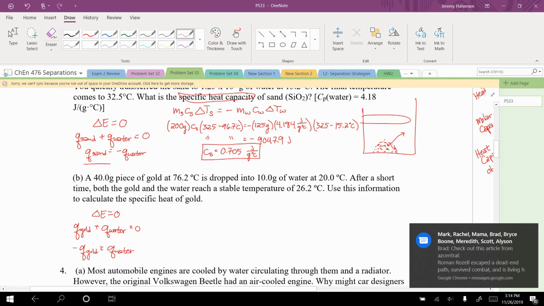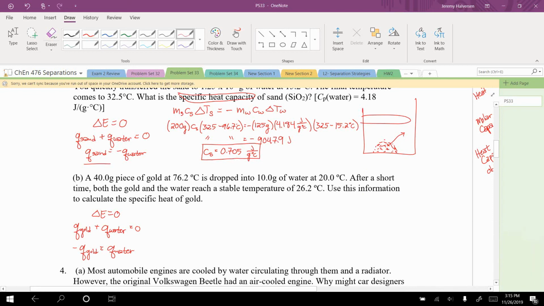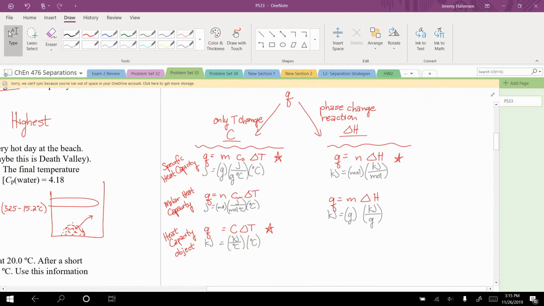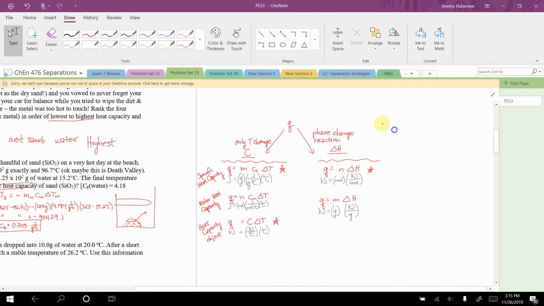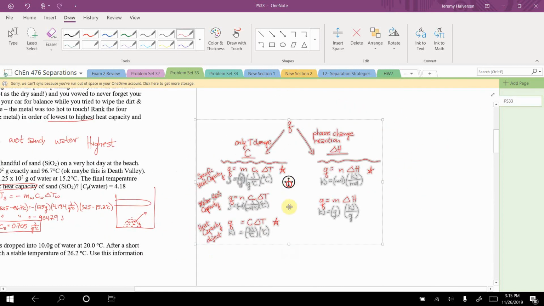Okay, so now I'm not given any Q's. They don't just tell me, oh, this many kilojoules of heat is absorbed. They don't tell me that. Okay, so what I need to do, I need to break these Q's down into usable equations. So I'm going to take this guy, I'm going to drag him back down.